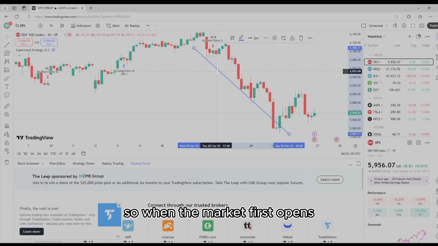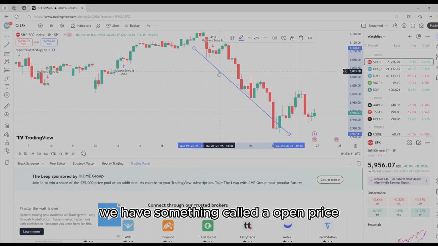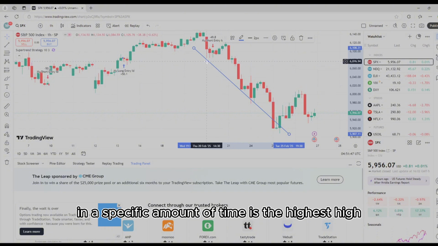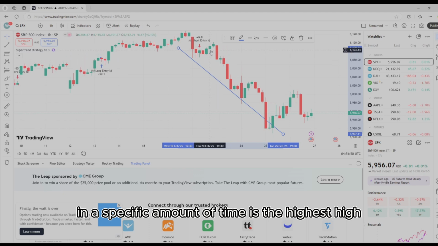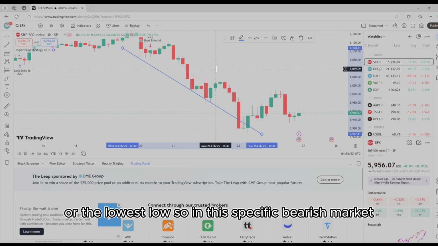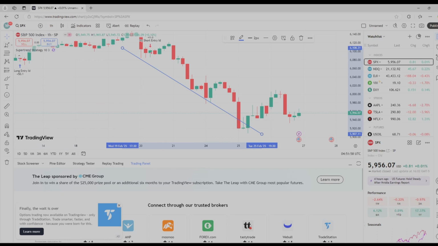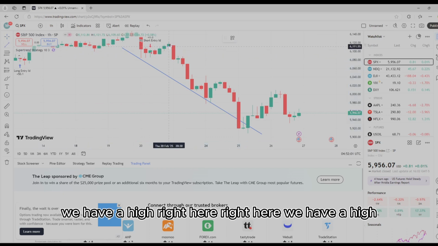So when the market first opens, we have something called an open price. And when the market closes, we have something called a close price. A high price in a specific amount of time is the highest high, and a low is the lowest low. So in this specific bearish market, we have a trend going downwards, right? We have a high right here.